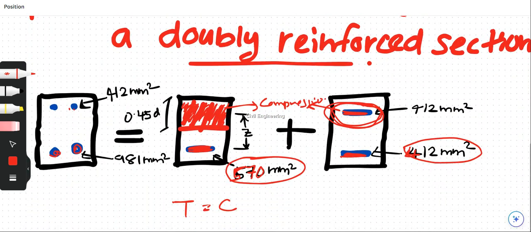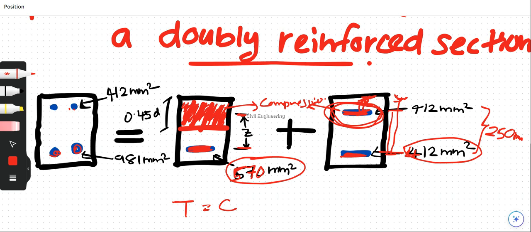And as we know, the distance between these two reinforcements is 250, because this whole depth is 300 and the distance from the top to the compression reinforcement is 50. Then the distance between these two reinforcement bars is 250 millimeters.